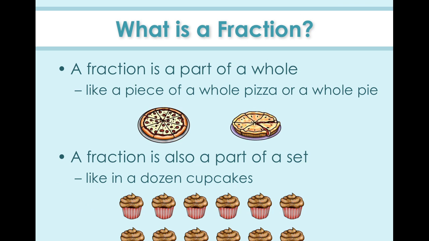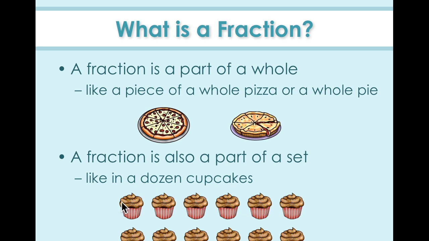Now, what is a part of a set? A set is when you have a group of objects, not the whole pizza like this. This pizza makes one whole round pizza, but these cupcakes are each one on its own. You eat it all.